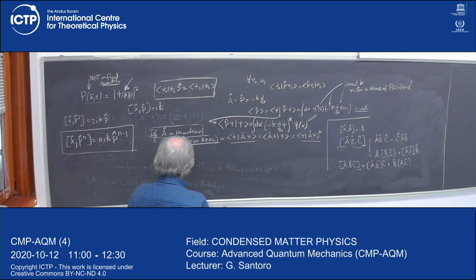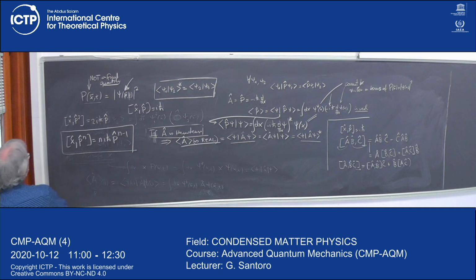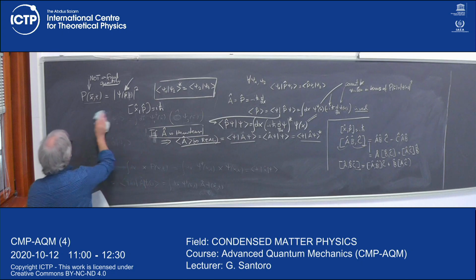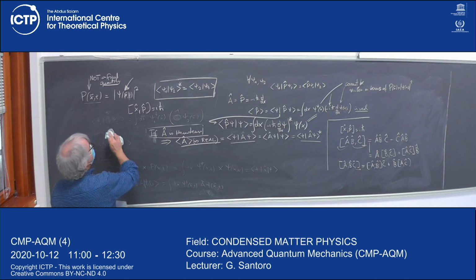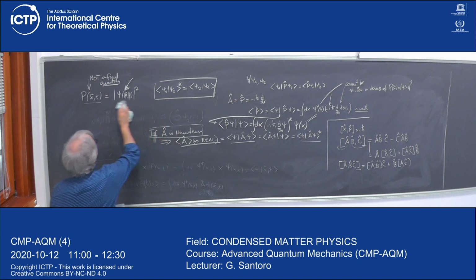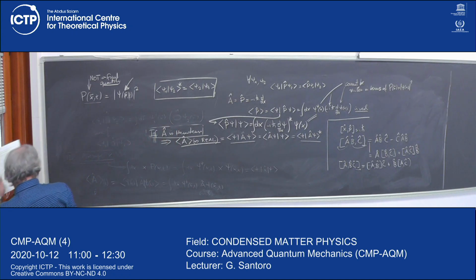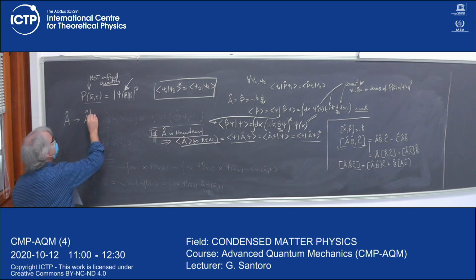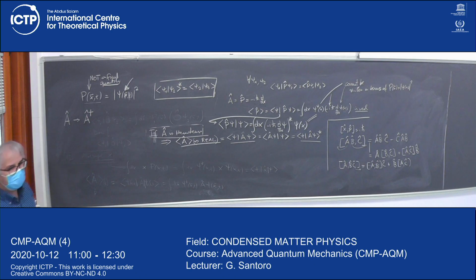Now, let's discuss another very important mathematical tool. So far, we discussed what it means that A is Hermitian. Now, given an A, I consider what it means to have a Hermitian conjugate. It is denoted by this dagger. It means the following.